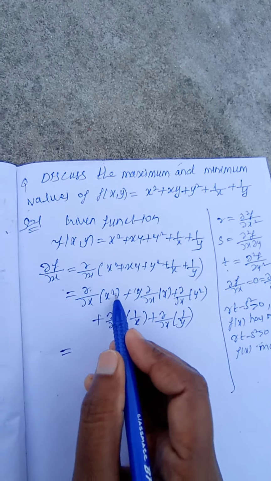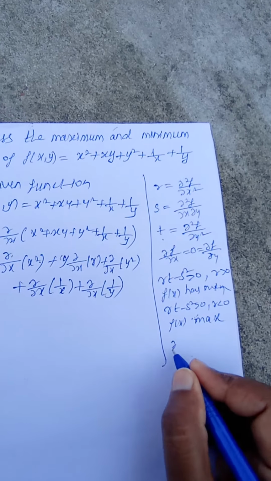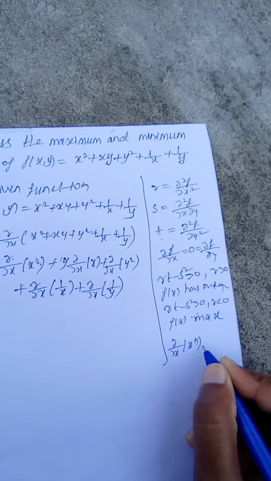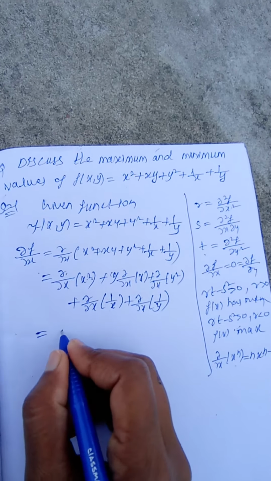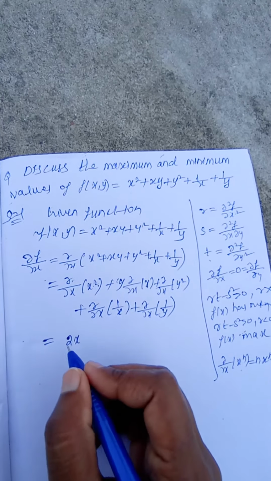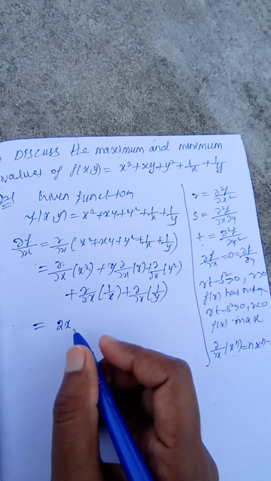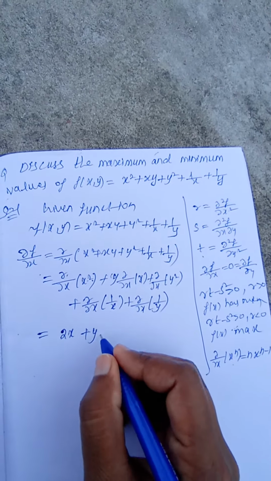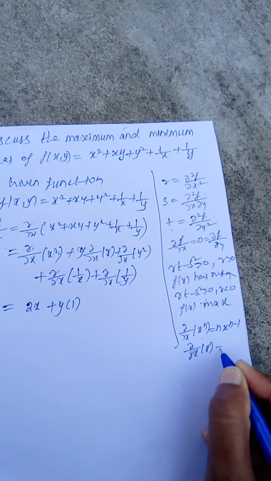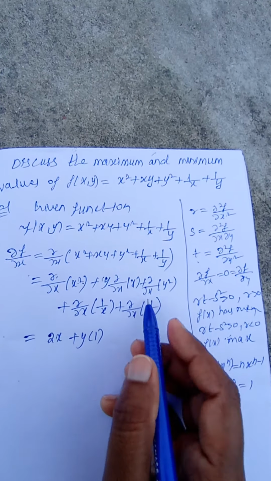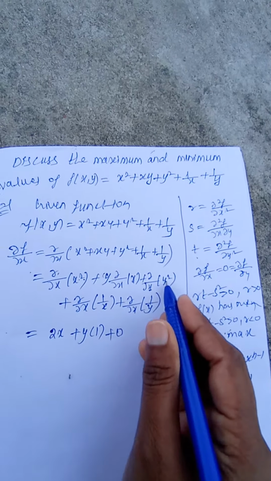This is ∂/∂x of x², here apply this formula, ∂/∂x of xⁿ equal to n xⁿ⁻¹, where n equal to 2. So 2 into x²⁻¹ is 2x, plus y into ∂/∂x of x is 1, since ∂/∂x of x is 1. Next with respect to x, y terms are 0, this is 0.